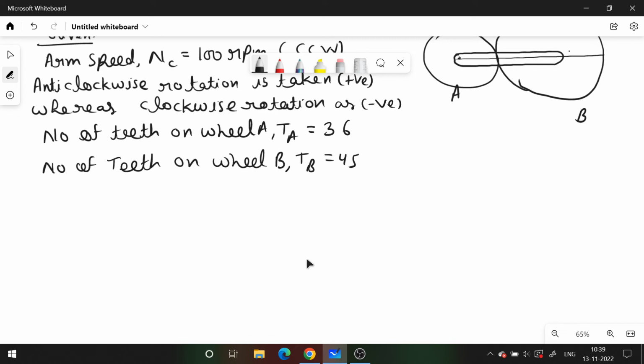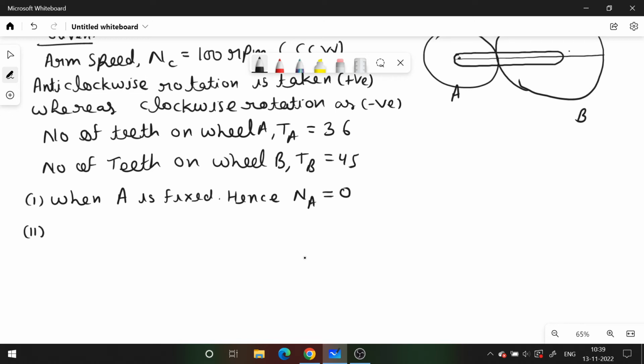First case: when wheel A is fixed, hence the speed of gear A is equal to 0.